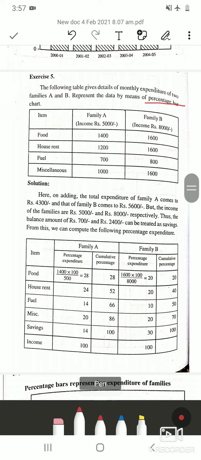So first add these and check if the total turns out to be 5000.